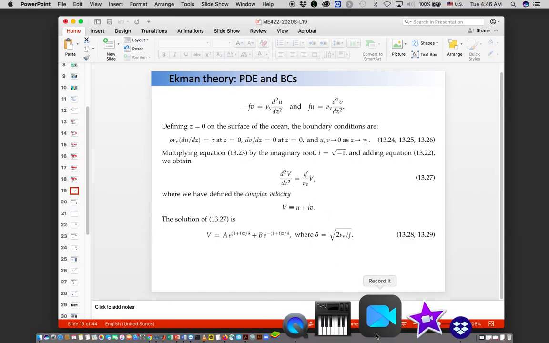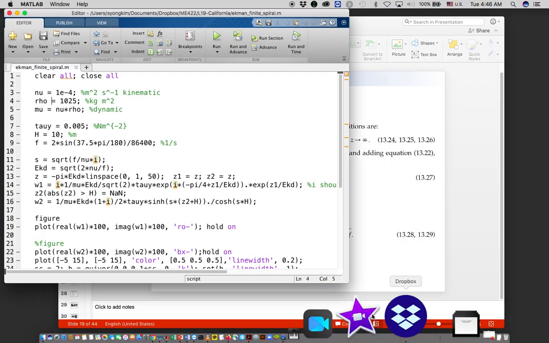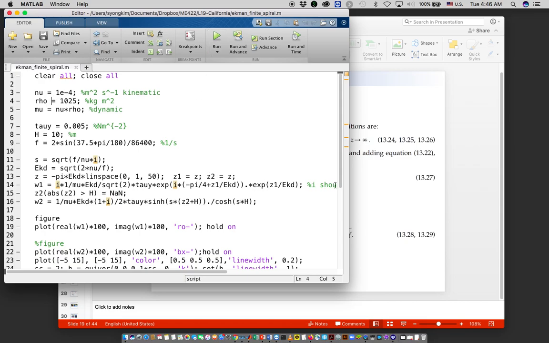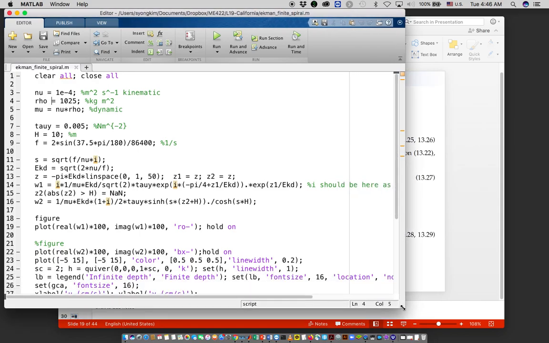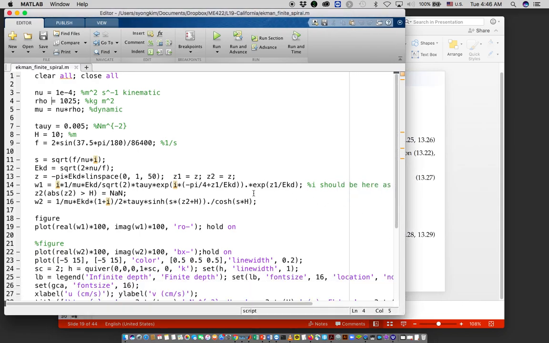And I'd like to show you the MATLAB script that I have, as I made this one as a movie. You can copy this script, and you can write your code on your own and run your script.